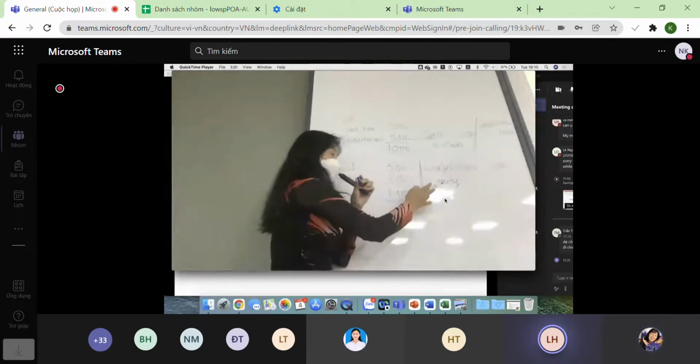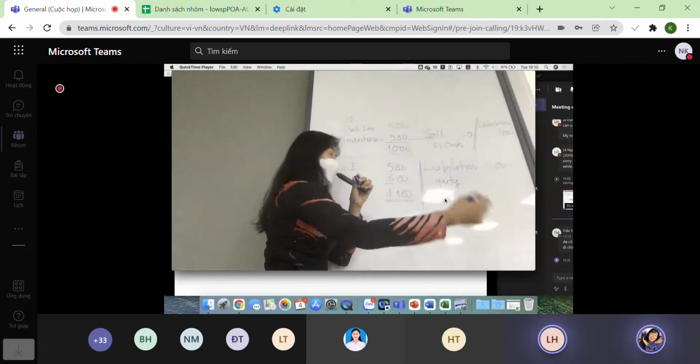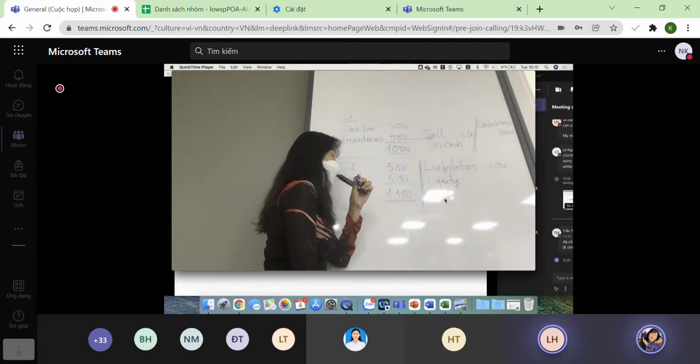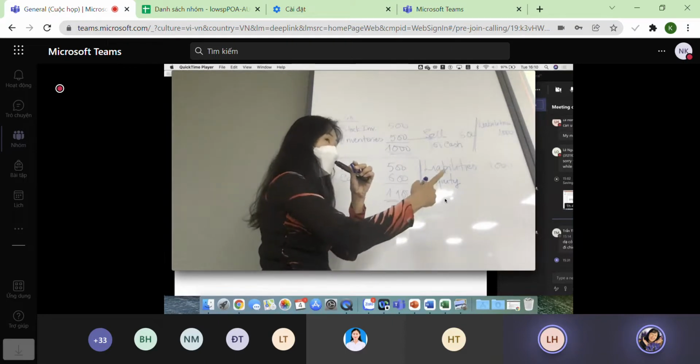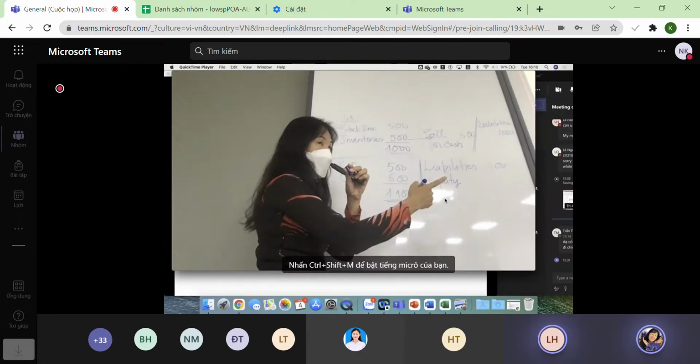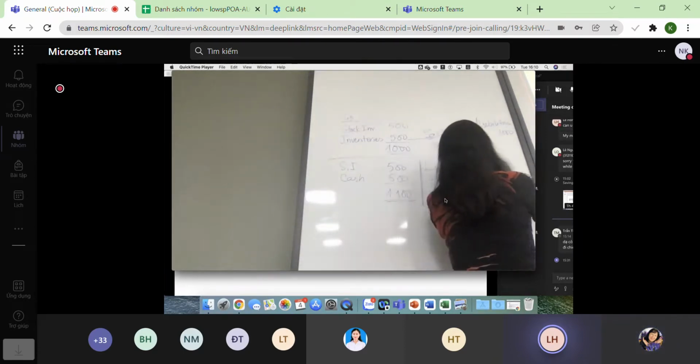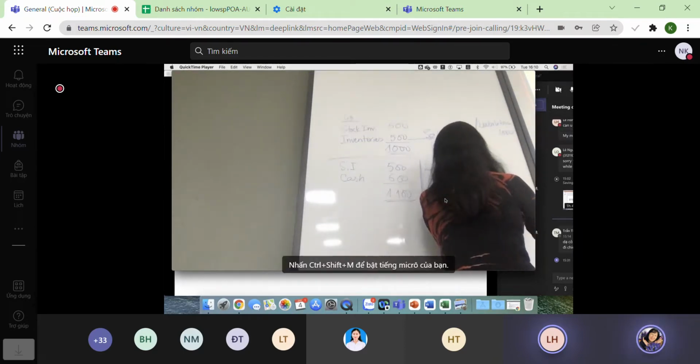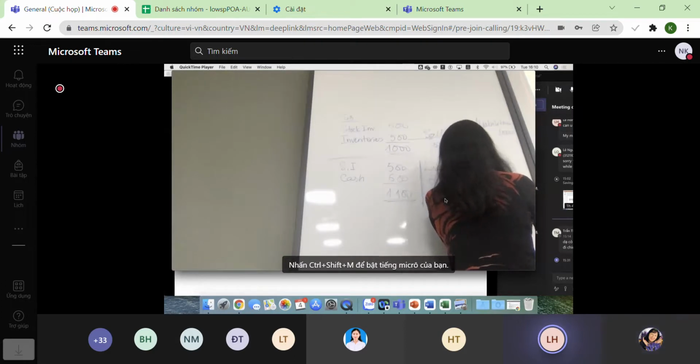The equity belongs to the owners. The owners will claim on those things with the amount of how much? 100, right? In total, $1,100.